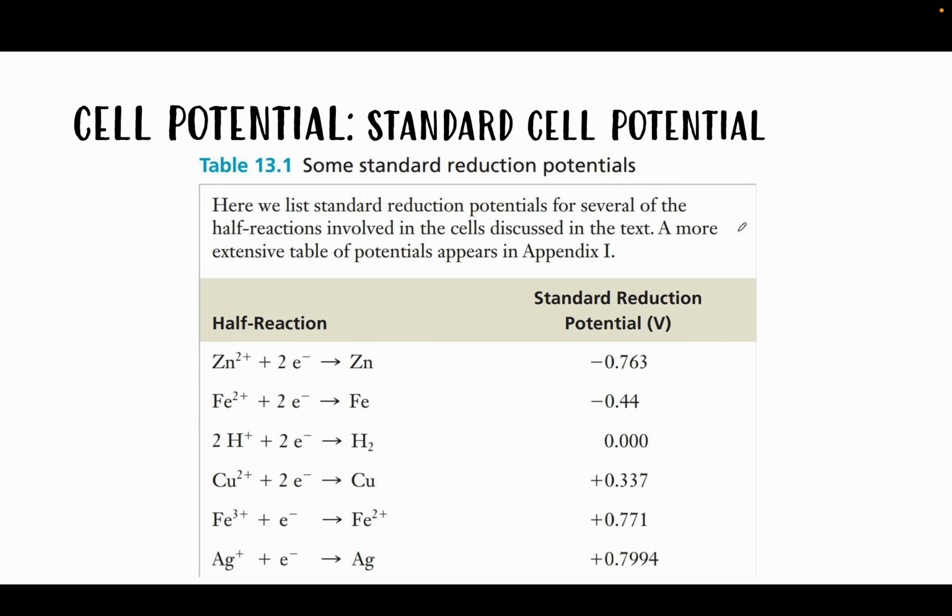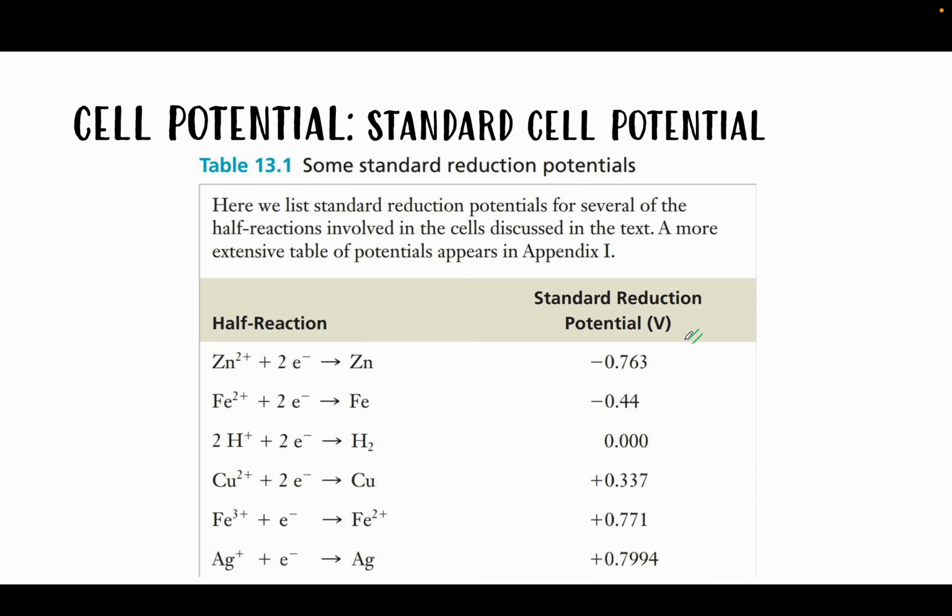And this is an example of a table containing the half reactions and their corresponding standard reduction potentials in volts. The unit is volts, and normally it is given in literature such as reference books. In your case, if you're given a problem, the standard reduction potential should be given.